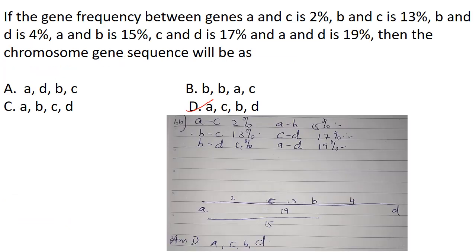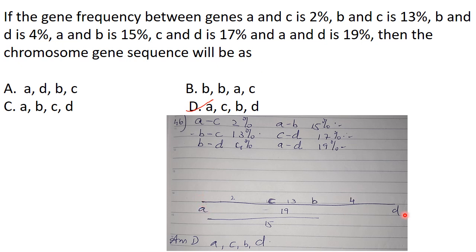Then next one. If the gene frequency between genes A and C is 2%, B and C is 13%, B and D is 4%, and A and B is 15%, C and D is 17%, and A and D is 19%, then the chromosome gene sequence will be. So the largest distance is 19%, so A and D are very far away.